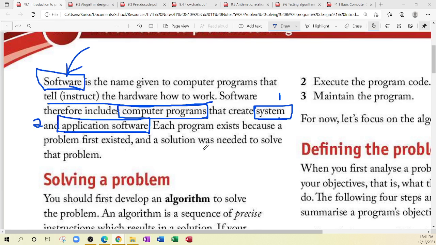So the system software is the operating system that basically runs on a computer. What are some examples? What are some examples? Chelsea, what are some examples of operating systems?